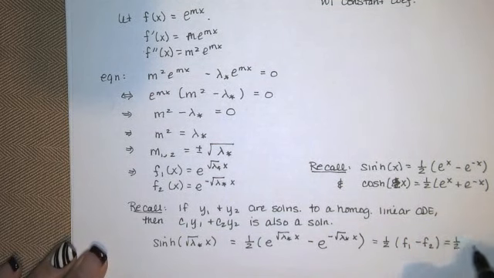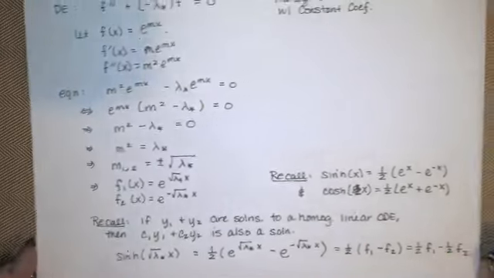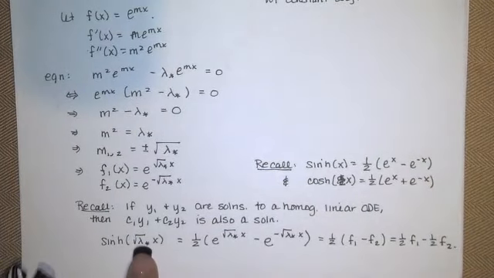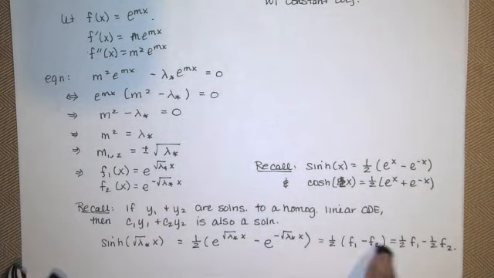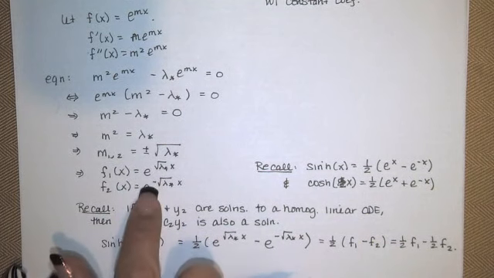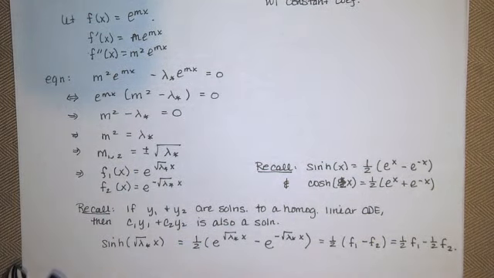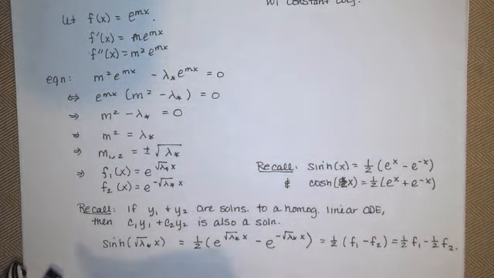Or if you prefer, you can distribute that 1/2. So we've got that right there. So the hyperbolic sine function is just a linear combination of these two functions. It's this particular linear combination of those two functions. So since these functions are solutions, this function is a solution to the differential equation.